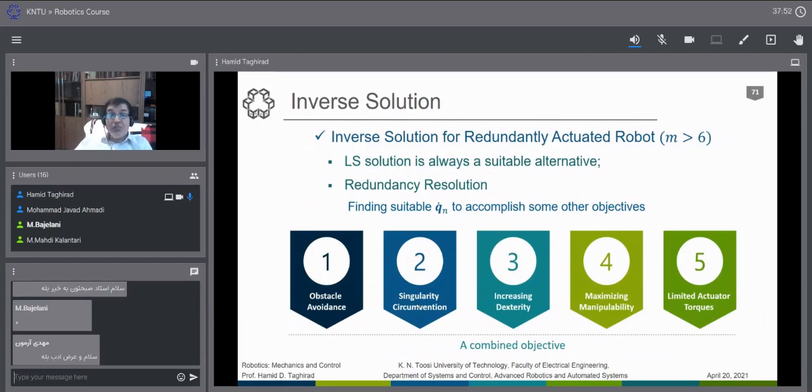This is more important in the bird example that we have shown you. If you have more degrees of freedom, 14 actuators for 6 degrees of freedom, 8 extra degrees of actuation, then you are very dexterous, and dexterity means quickness. Dexterity means that you can move faster, and moving faster is very important to stay alive in nature.